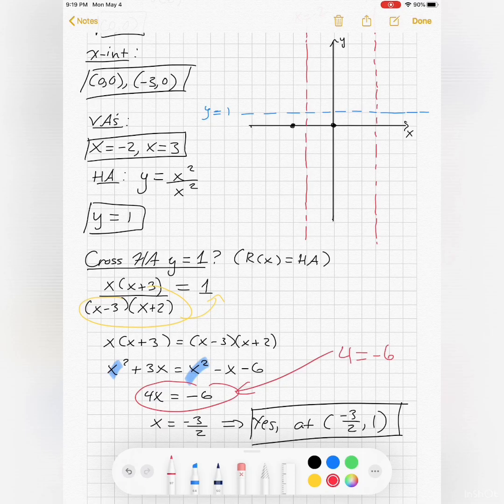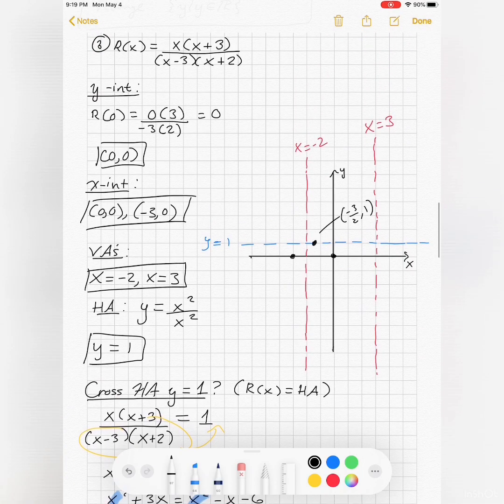Then I would have no solutions. In that case, I would say the graph does not cross. We'll get to one like that later. But yes, at -1.5, 1, the graph does cross its horizontal asymptote.